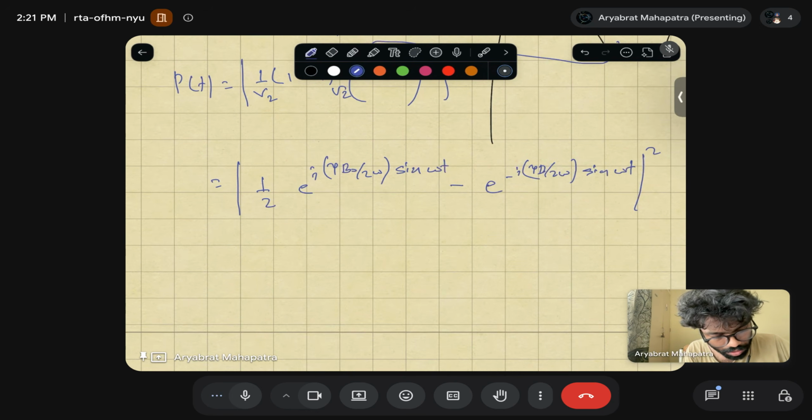So this basically follows something like sine x in terms of the Euler relation, which is exponential ix minus exponential minus ix over 2i.